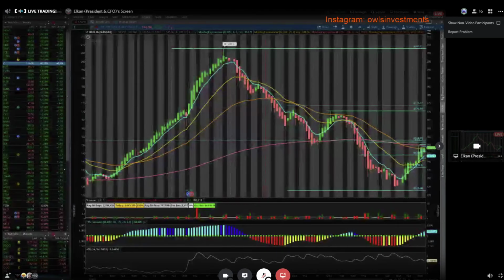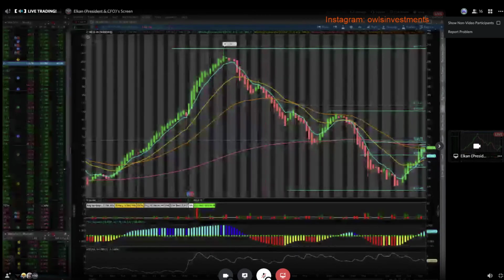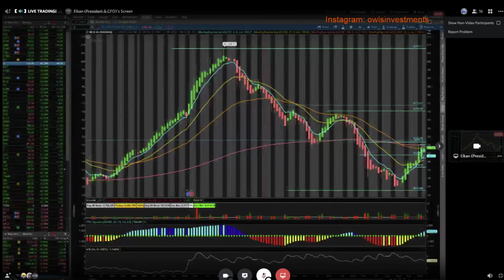I have Kian's study that has resistance 1, resistance 2, resistance 3, support 1, and all that, but I don't have that volume indicator with the line. Is it okay if someone shoots me that so I can start to get it? I think Shane has it. It might be pinned.